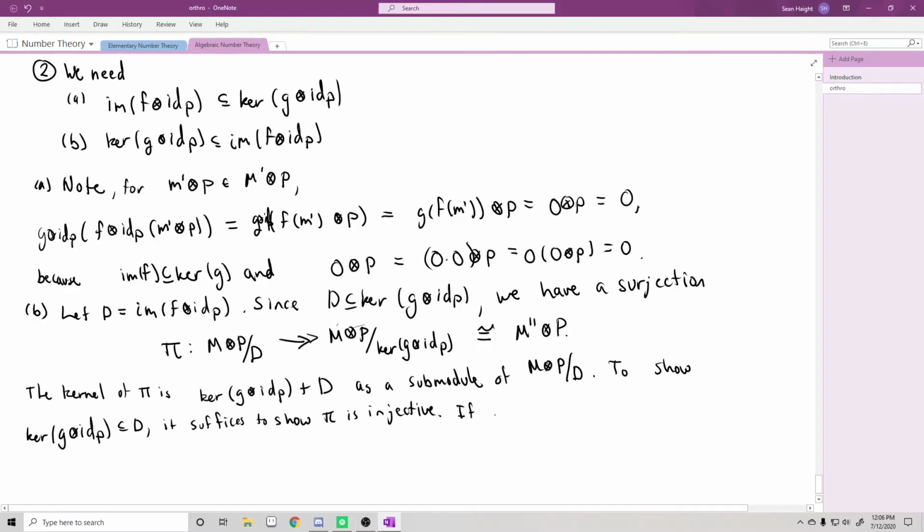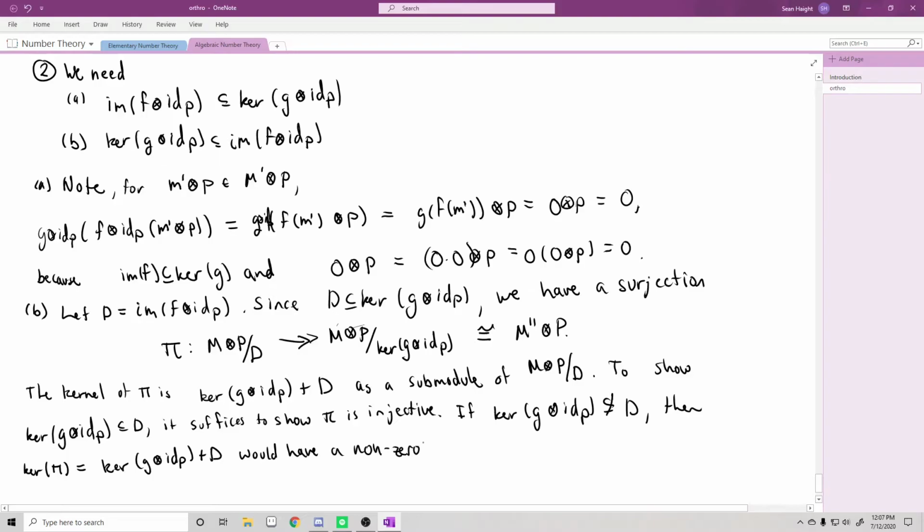So if the kernel of G tensor IDP were not contained in D, then this thing would have a non-zero element.